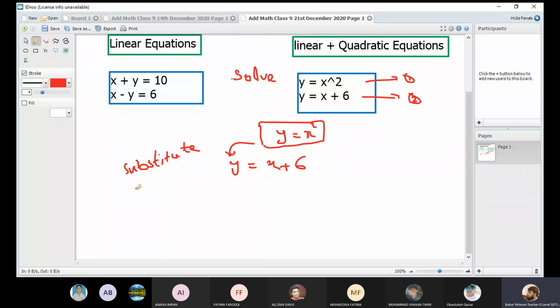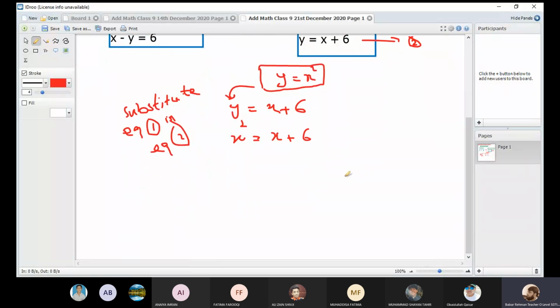Substitute equation 1 in equation 2. So instead of this y, I will write x square equals x plus 6. Now by arranging these equations, as you have learned in previous classes, what will I do?